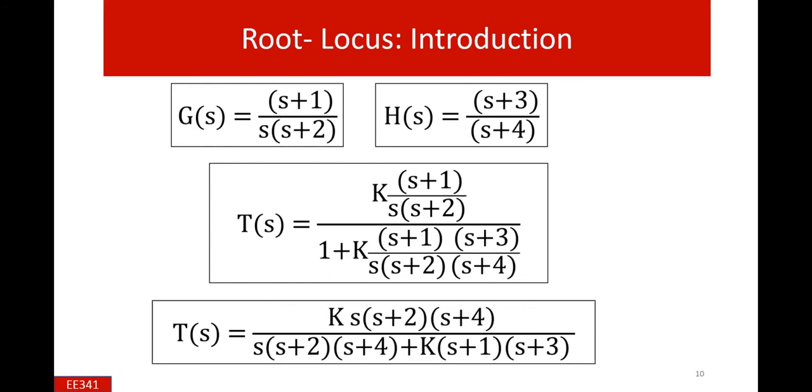It shows that s times s plus 2 is the pole of the open loop forward transfer function, and s plus 4 is the feedback transfer function's pole, and these act as zeros in the closed loop transfer function.